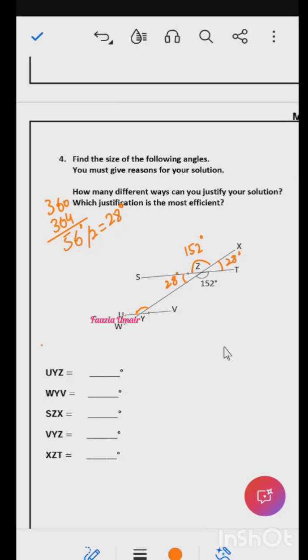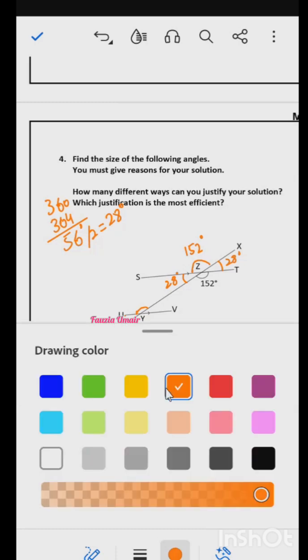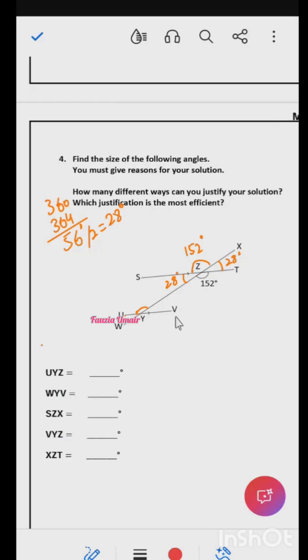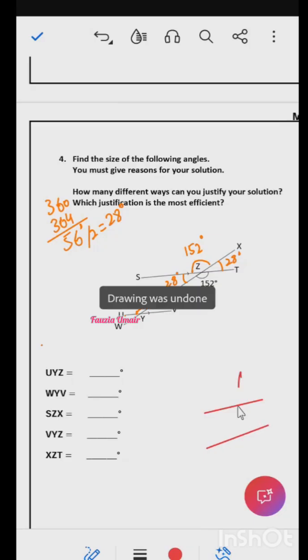So now this is one thing you should know. When we are having a transversal, can you see ST is parallel to UV and there is a diagonal line cutting it? So whenever there is a transversal, this is a fact: in a transversal, this set of angles are the same.